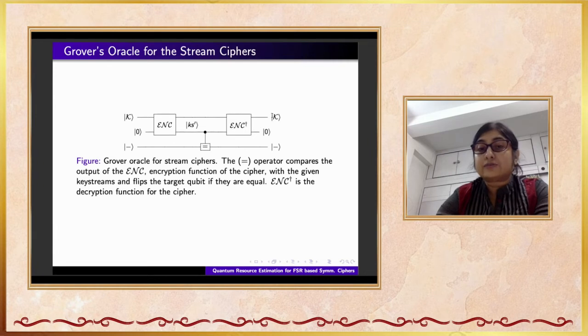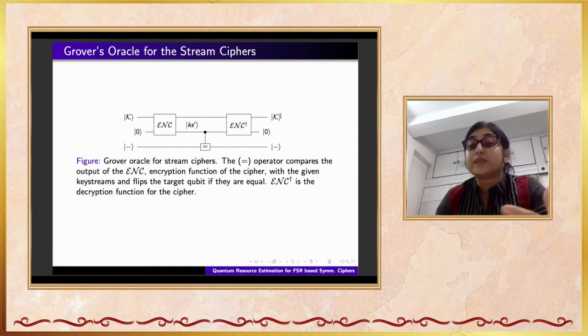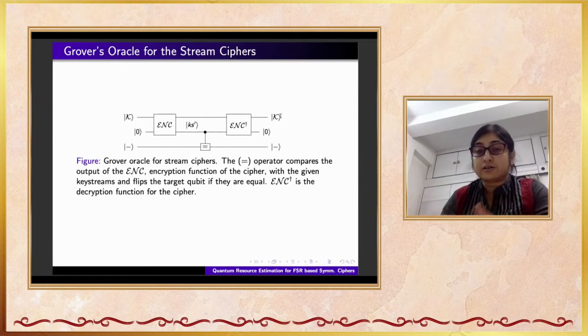After that, we apply k many Hadamard gates, UO bar, and k many Hadamard gates, and we repeat all this operation root k many times. Why root k? Because our key size is k bits, so we have to repeat this operation root k many times, and with very high probability, when we measure the first k registers, we will find the secret key.